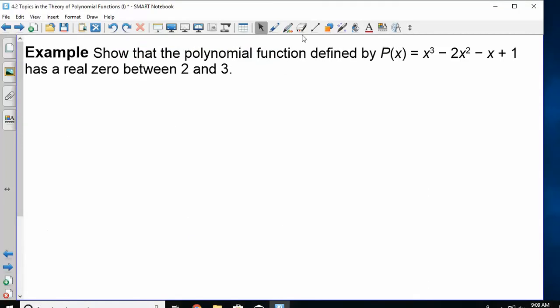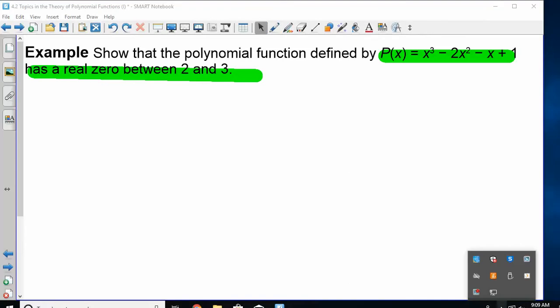So I have a polynomial p of x equals x cubed minus 2x squared minus x plus 1. And I want to show it has a 0 between 2 and 3. To do that, the first thing we're going to do is find the y values when I put in both a 2 and a 3.